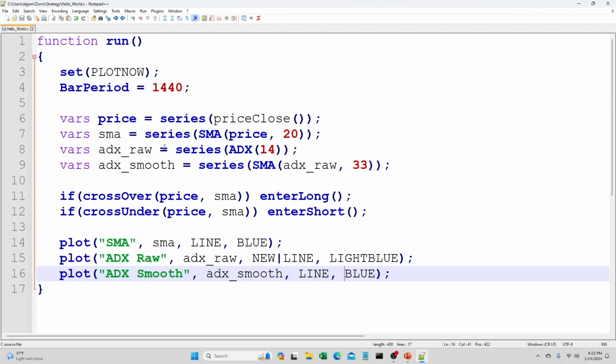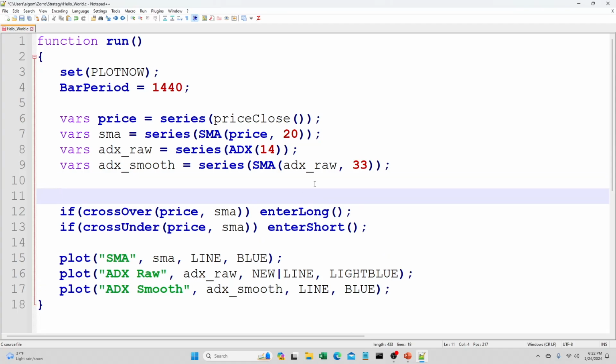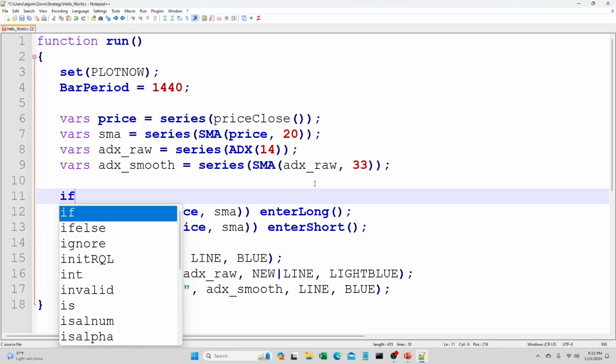Great. So now, before we run this, we have to change the trading logic as well. What the creator of this indicator recommends is that we shouldn't trade a trend following strategy if ADX is lower than 25. So we will add this condition here.